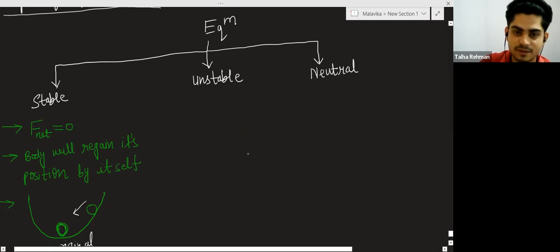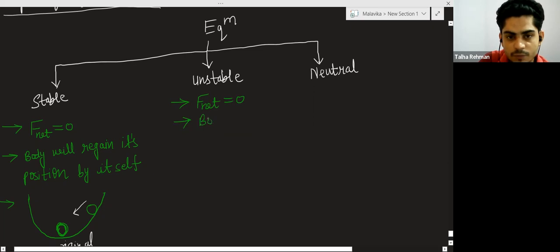So in the case of unstable equilibrium, the net force is zero, and again the body will not regain its original position.